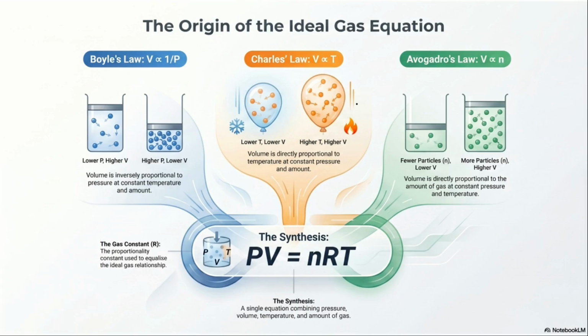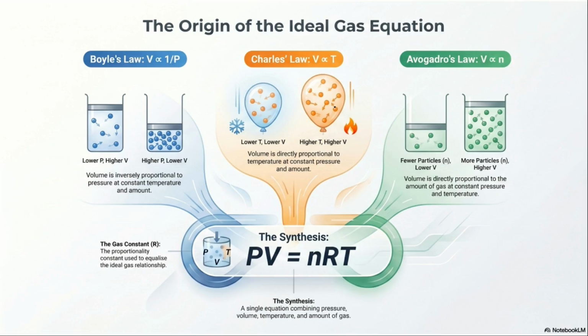Regarding the equation of ideal gas, if we just want to combine these three laws that I talked about already, I repeat them again here. Boyle's law, Charles' law, and Avogadro's law, which all show the relationship of volume, first inversely to the pressure, directly to the temperature, and directly to the amount of the gas.